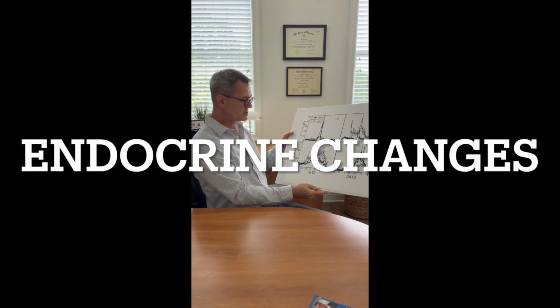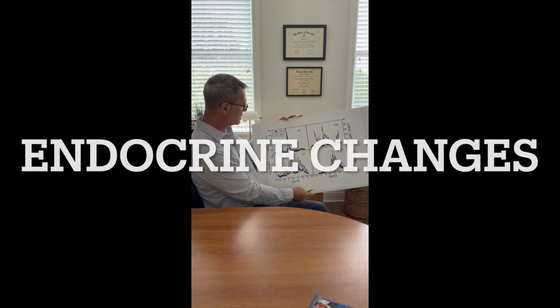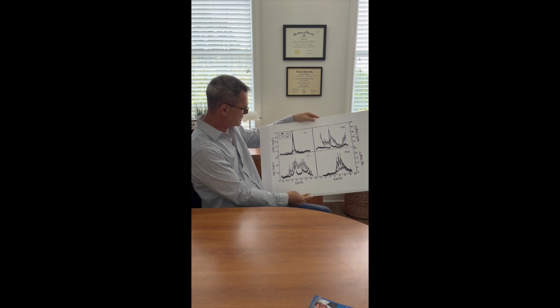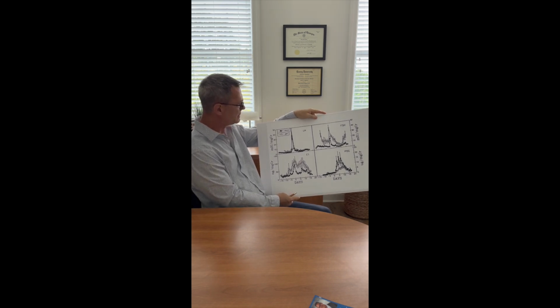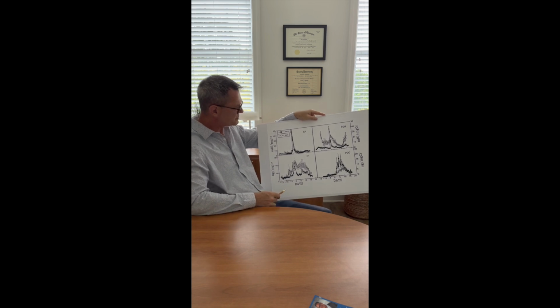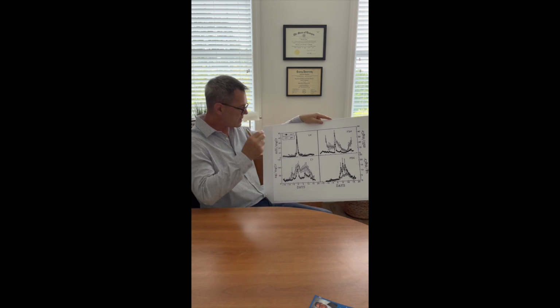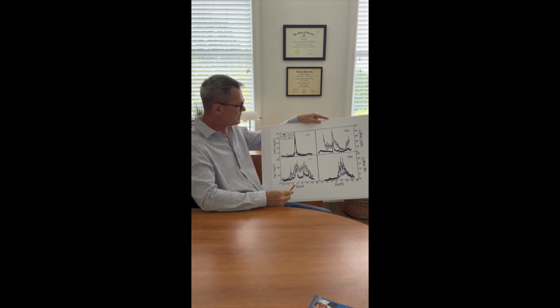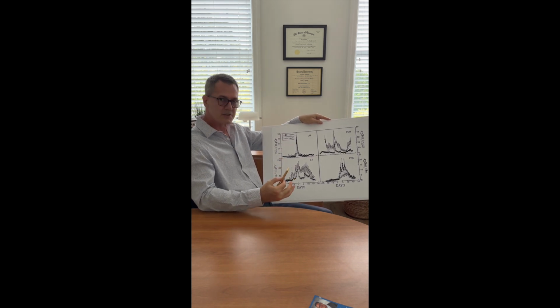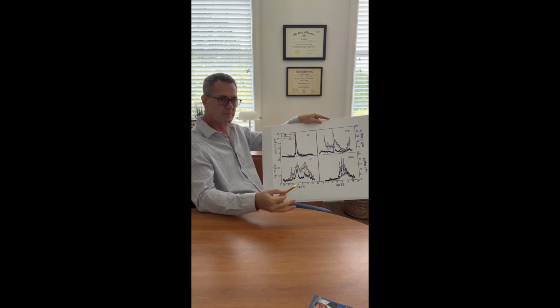So to begin with, I'm going to use this graph to talk about quite a few of the changes. This comes from a really important study from 1996 by Nanette Santoro. At that time, we didn't know very much about what happened during the perimenopausal transition. So I want to start with just how we think about normal function, normal communication between the brain and the ovaries.